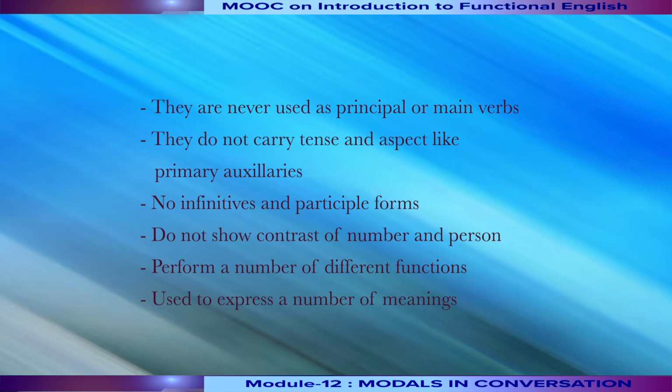They do not show contrast of number and person. Okay. They perform a number of different functions, which will be one of the focus areas of our presentation today. And they are used to express a number of meanings. One particular modal auxiliary can be used to express more than one meaning. The last 2 would basically be the focus areas of today's presentation.